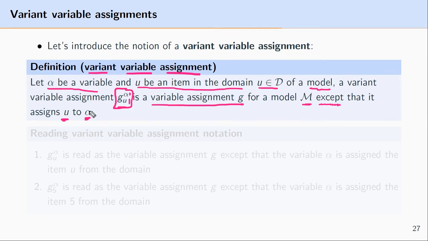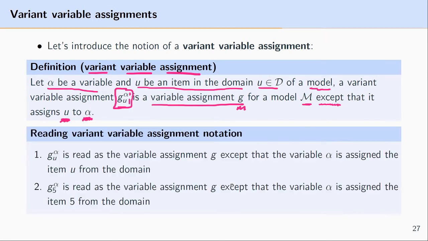That is, it takes alpha and specifies its reference or its denotation. Let's specify that it's like G in every way, except it'll take this variable and assign U to it. Let's look at some examples.